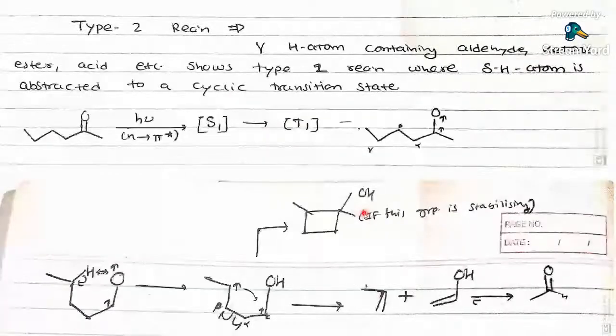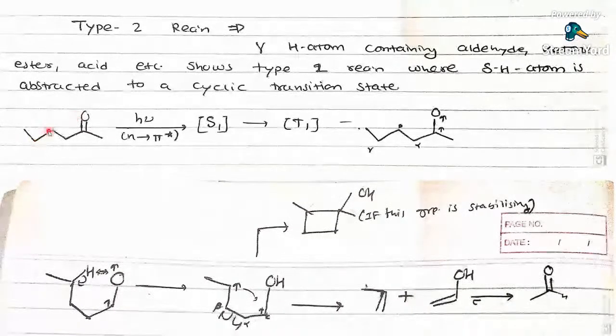In this reaction, aldehydes, ketones, esters, acids, etc. containing a gamma hydrogen atom show the type 2 reaction, where the gamma hydrogen atom is abstracted through a cyclic transition state. Just focus on the gamma hydrogen in case of Norrish type 2. This is your reaction which is having the alpha, beta, and gamma positions. So gamma hydrogen will be abstracted there. The abstraction will occur by a six-membered cyclic transition state.